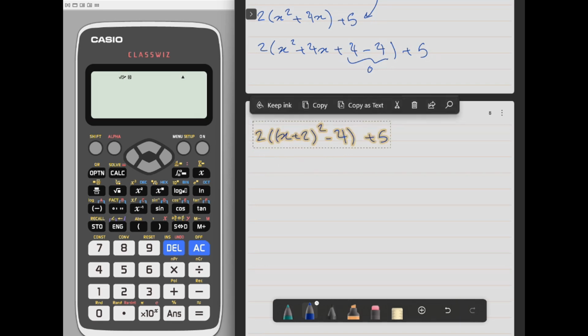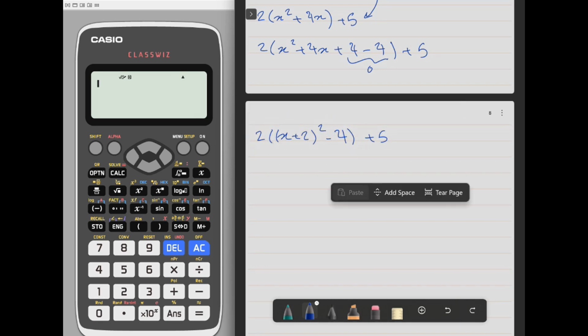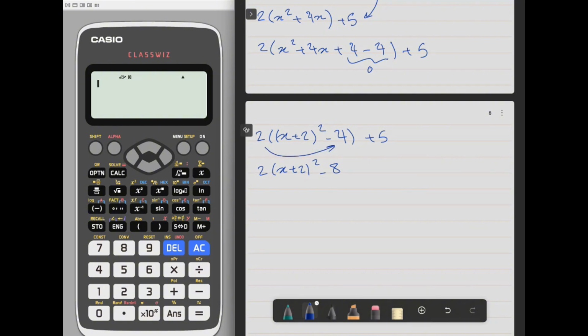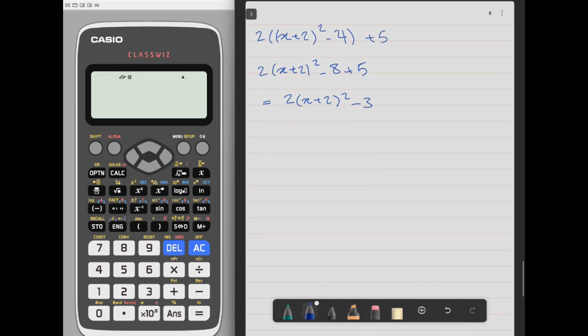So it will become 2 times x plus 2 squared minus 8. Don't forget to multiply the 2 by minus 4 as well. Plus 5. And by simplifying, I will get 2 times x plus 2 squared minus 3. And this is my answer.